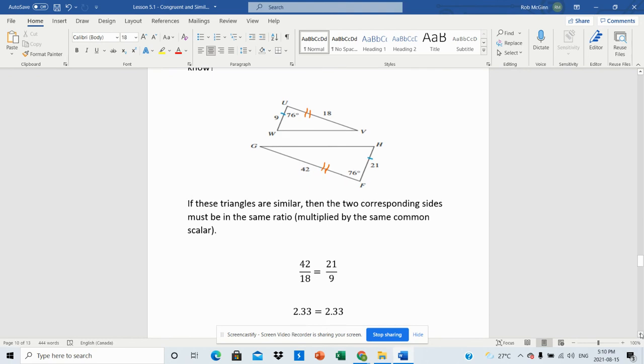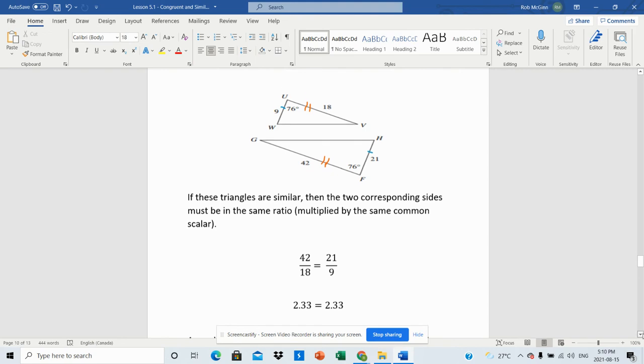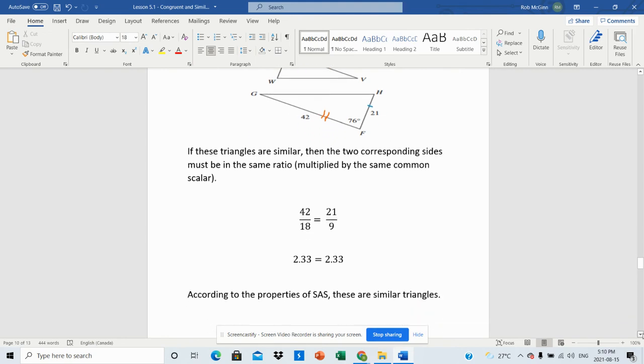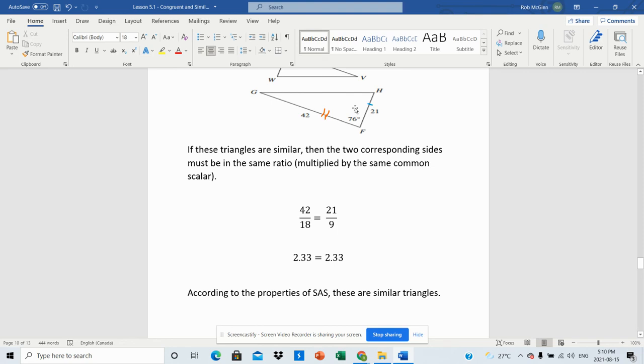So 42 divided by 18 is going to give us 2.33, and 21 divided by 9 is also going to give us 2.33. So our common scalar here is 2.33. And by the properties of SAS, side angle side, we know that these are indeed similar triangles.